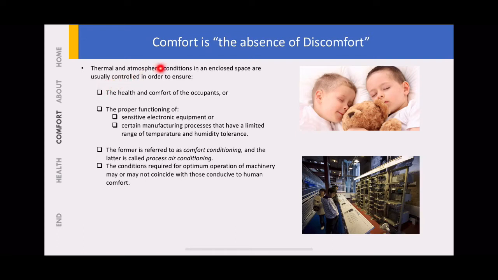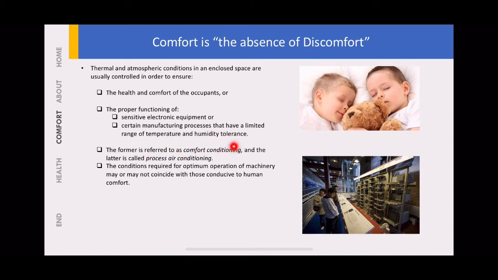Thermal and atmospheric conditions in an enclosed space are usually controlled in order to ensure, first, the health and comfort of the occupants that stay indoors, and second, the proper function of sensitive electronic equipment. Certain manufacturing processes have a limited range of temperature and humidity tolerance.